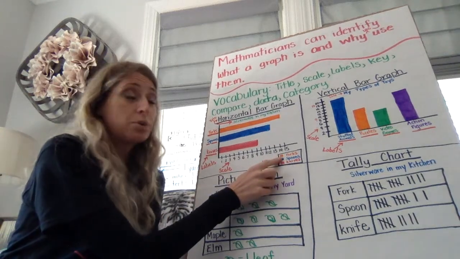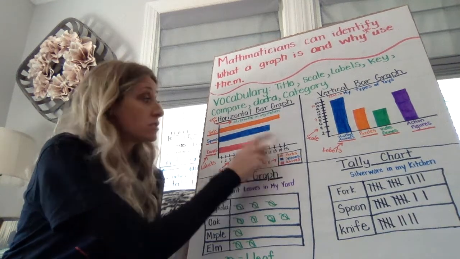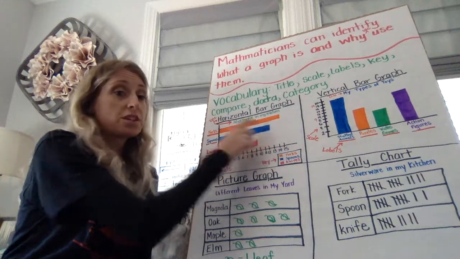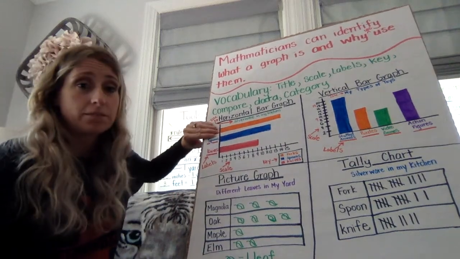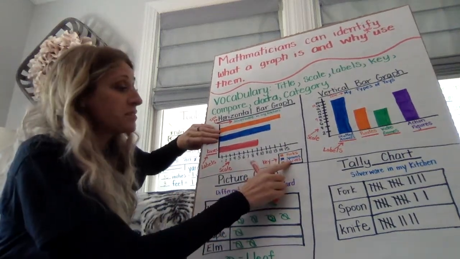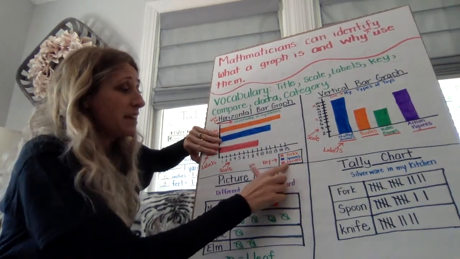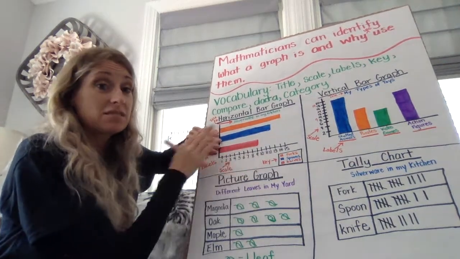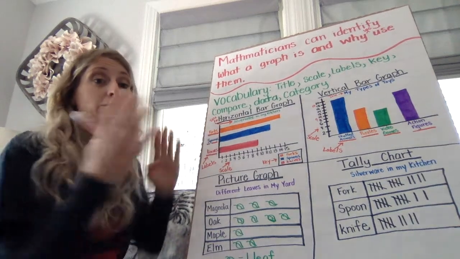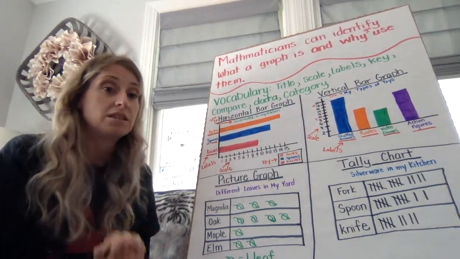So for example, I put orange represents forks. So I know this represents forks even if this label wasn't here. I know blue represents spoons even if this label wasn't here. I know that pink represents knives even if this label wasn't here. So I would be able to visually read this graph.